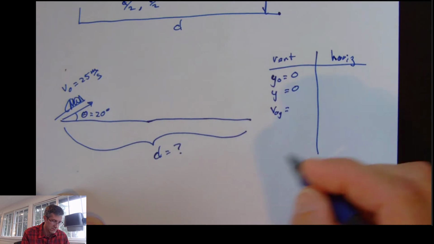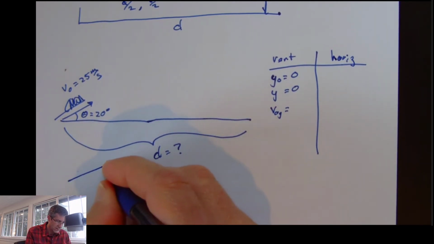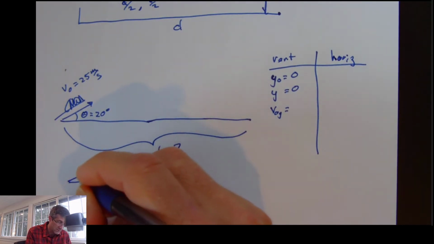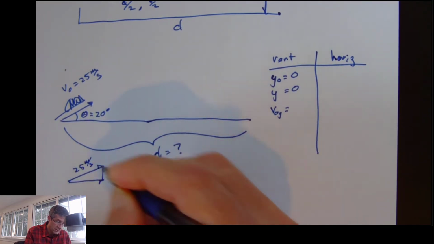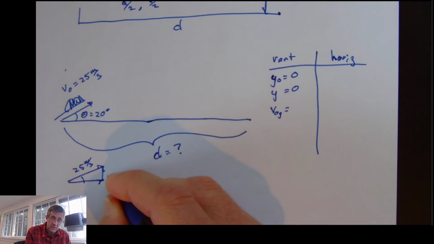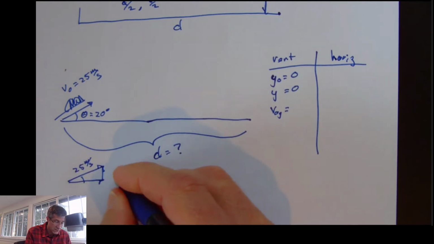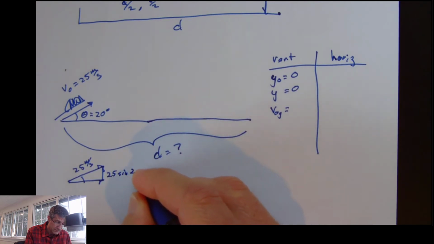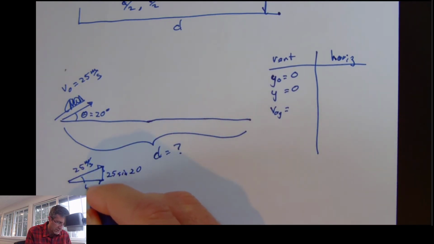I've got a vector, and as I promised, I'm going to have to separate all these vectors. Whenever I see something at an angle, this is 25 meters per second. This one opposite is sine, so this is going to be the hypotenuse times the sine of that angle, and this is going to be the hypotenuse times the cosine of my angle.